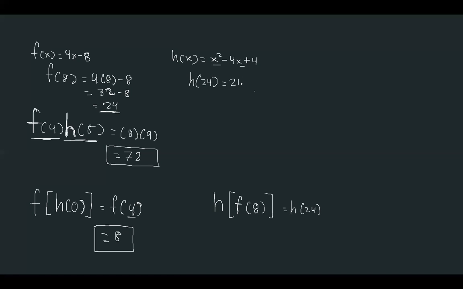So this would be 24 squared minus 4 times 24 plus 4. In here, 24 squared is 576, minus 4 times 24, which will give you exactly negative 96, plus 4. So the overall result, if you combine them, will give you exactly 484. Hence, the answer here is 484.